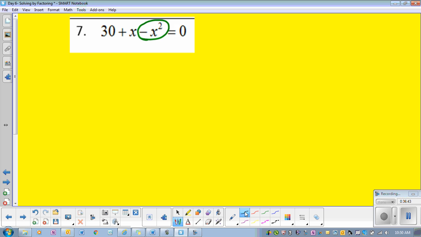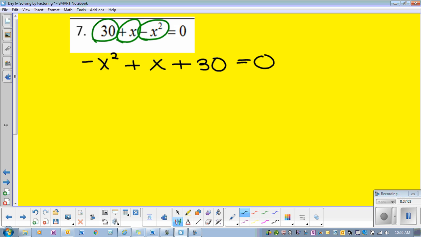It's a negative. So we have negative x squared. And then my next one is a positive x, plus x. And then the next one is what type of 30? Positive. Good. And all of that is equal to 0.